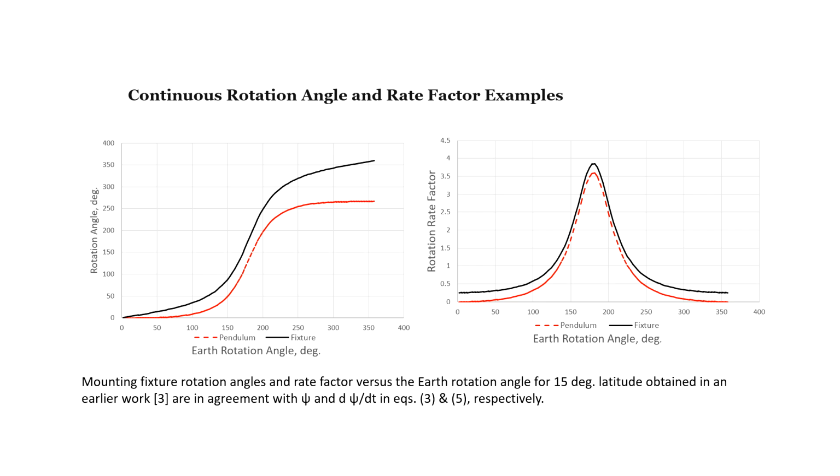And then for continuous rotation angle, we can see how the angle varies. In this case, the latitude is 15 degrees, so it's a nonlinear curve, so you can see how for the Earth rotation angle, the missing angle about the vector axis is the black line, and that is highly nonlinear.